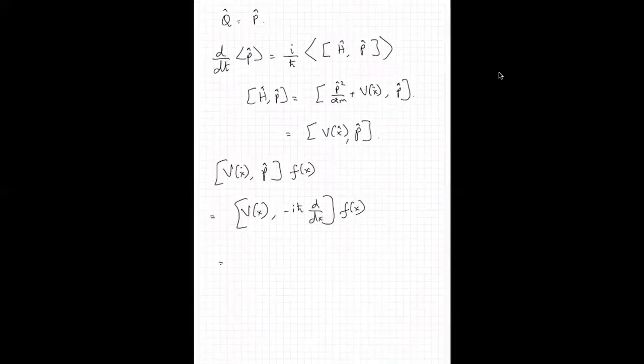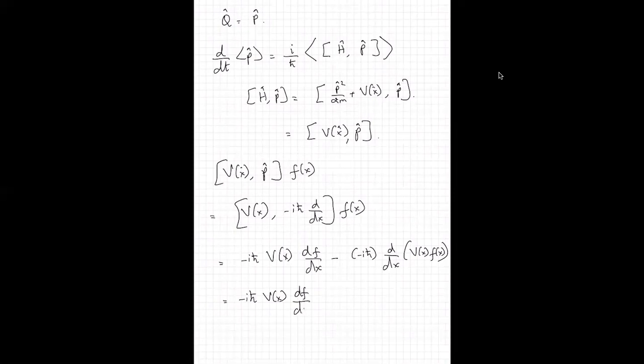This is equal to minus i h bar V of x df/dx, that is the first term, minus i h bar d/dx acting on V of x times f of x. So this is equal to minus i h bar V of x df/dx, plus the second term, plus i h bar f of x dV/dx.